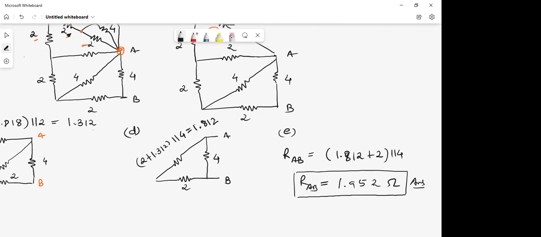Everyone understood? I'm just giving you idea about your series parallel combinations only. I have not started your BEE exactly.